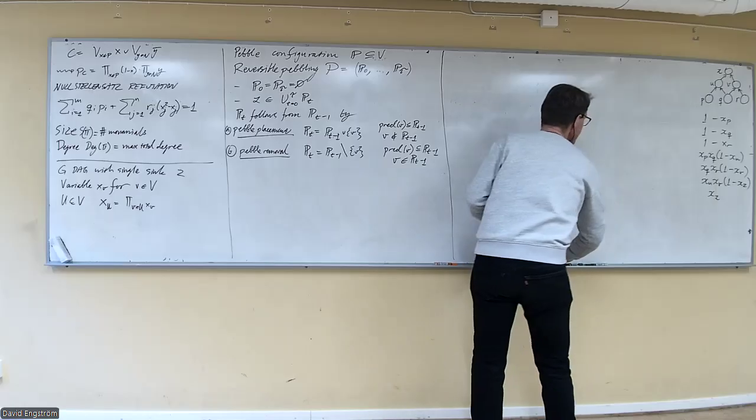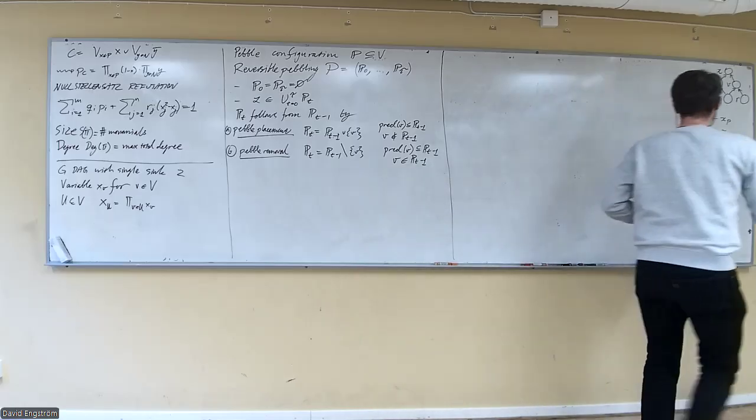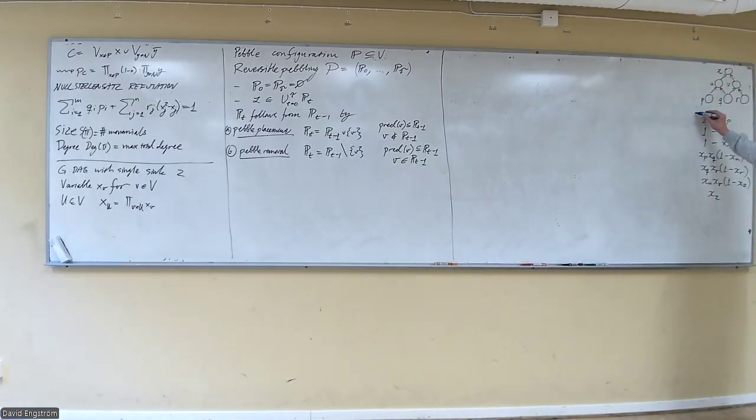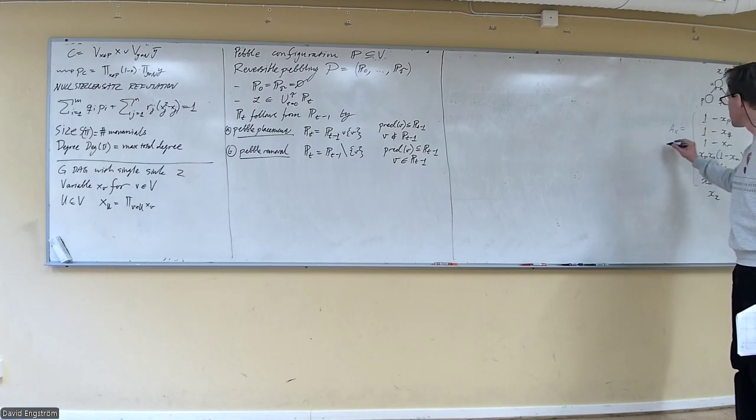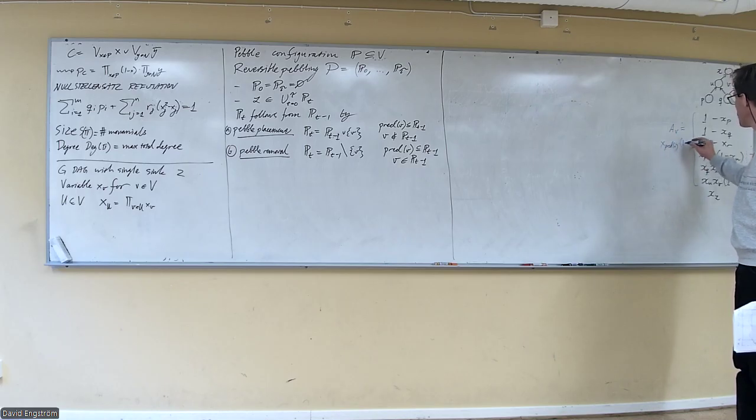Just to introduce a piece of notation, it will be convenient for me to write all of these axioms as A_v, and note that they are really x pred v times 1 minus xv.